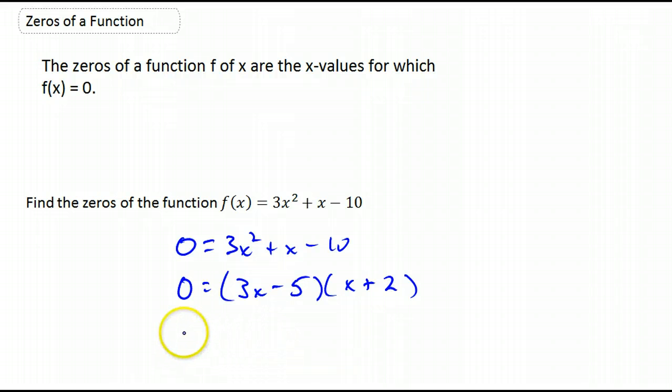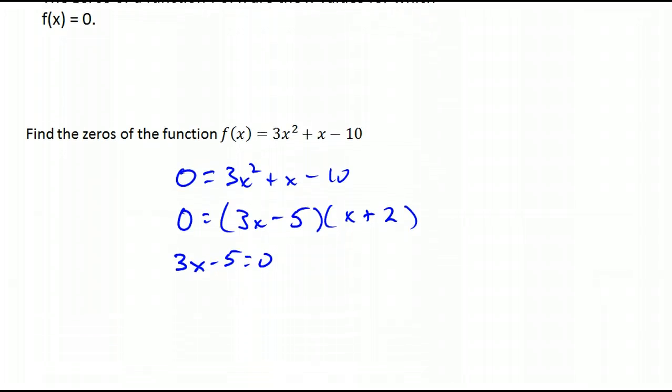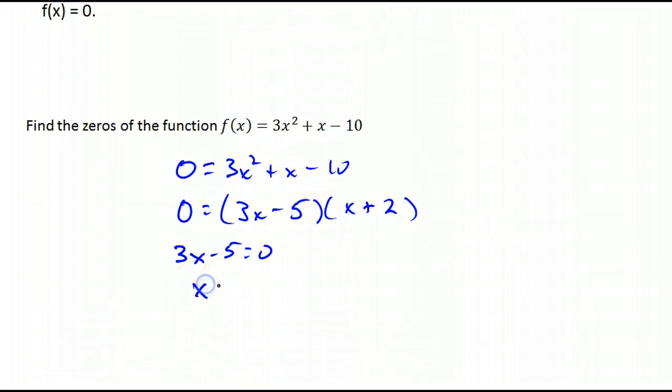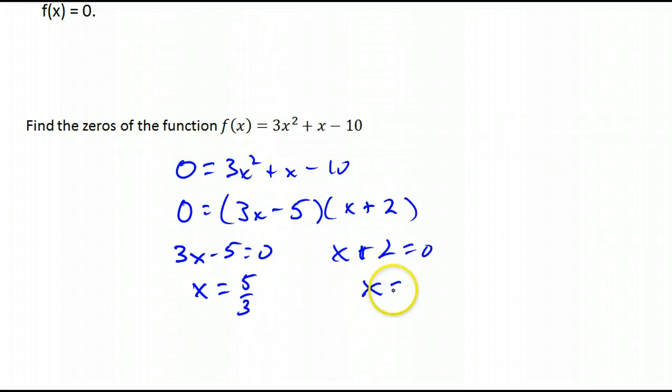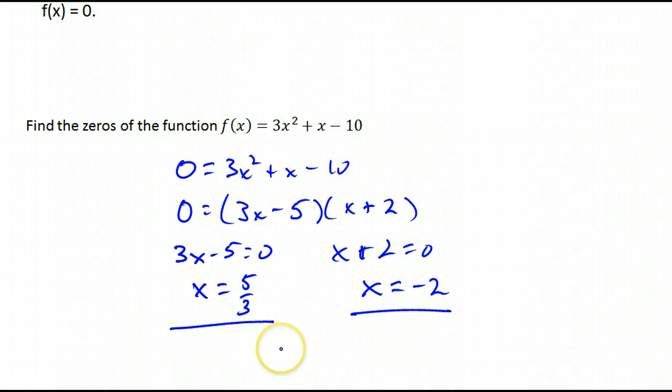Okay, now once we've got it factored, we set each factor equal to 0. And I get x is equal to 5/3. And over here, x plus 2 equals 0. So x equals -2. So we have two zeros, 5/3 and -2. So to find the zeros of a function, you set the function equal to 0 and solve for x.